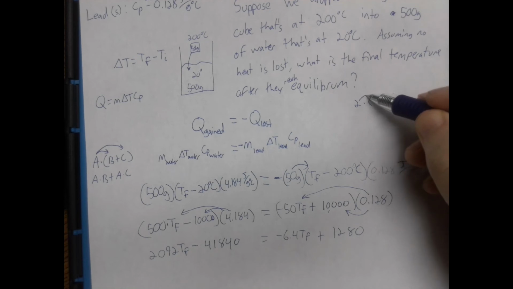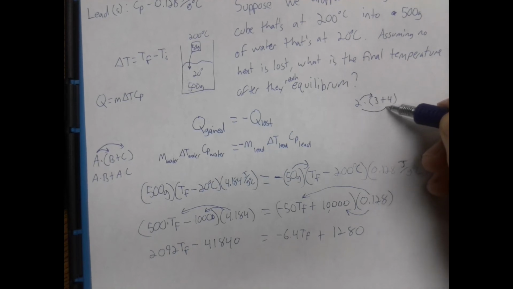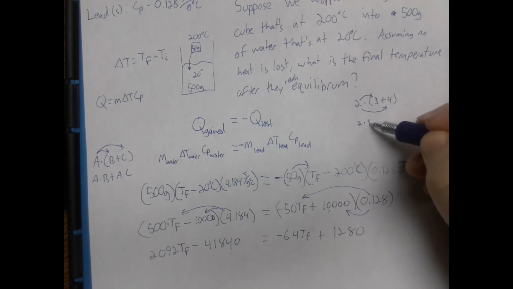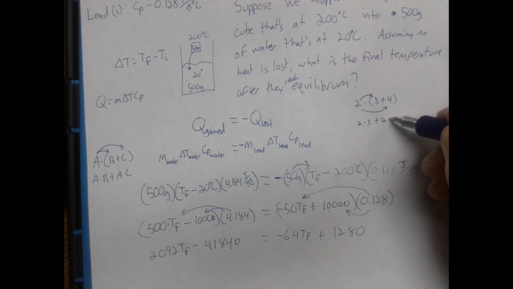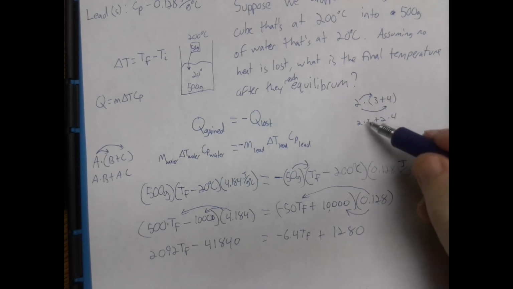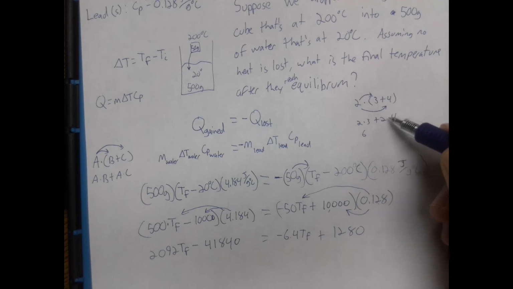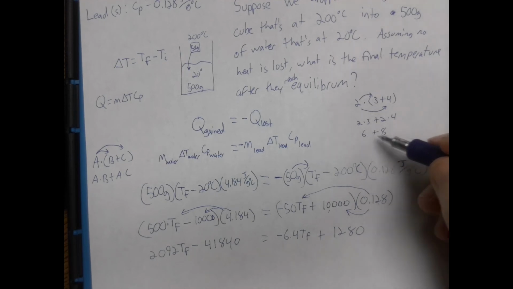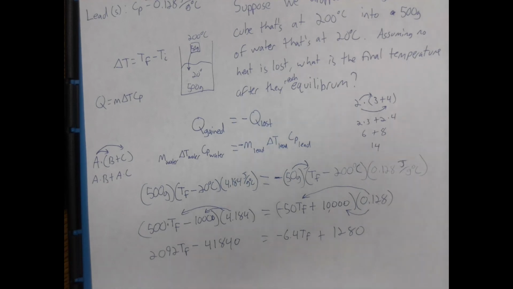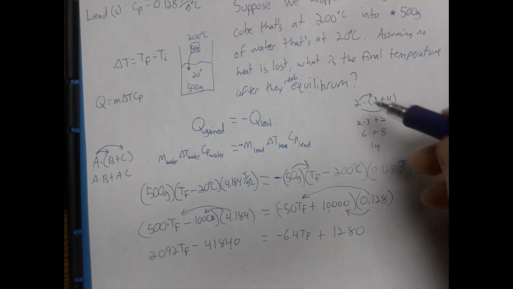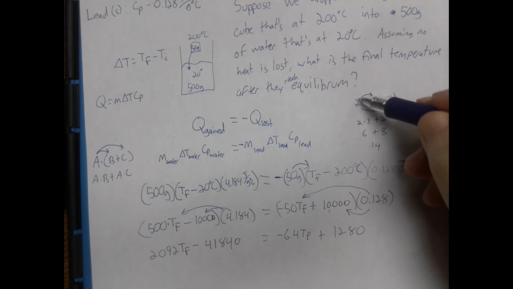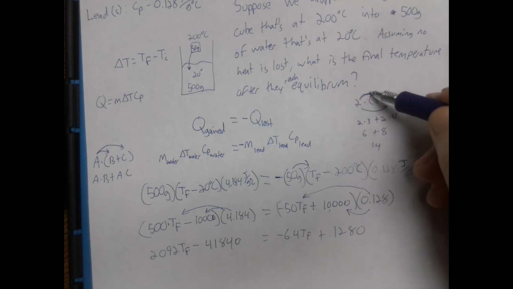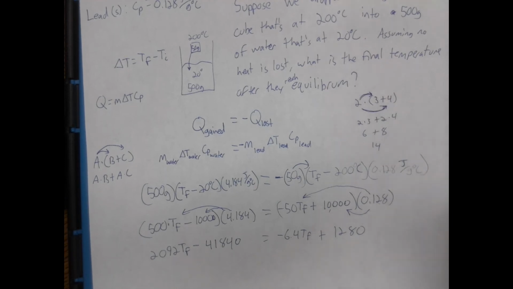Or you can FOIL it and have 2 times 3 plus 2 times 4. And then 2 times 3 is 6. 2 times 4 is 8. 8 plus 6 is 14. So this is the FOIL method. If you have something outside of parentheses, you just multiply it to everything on the inside.